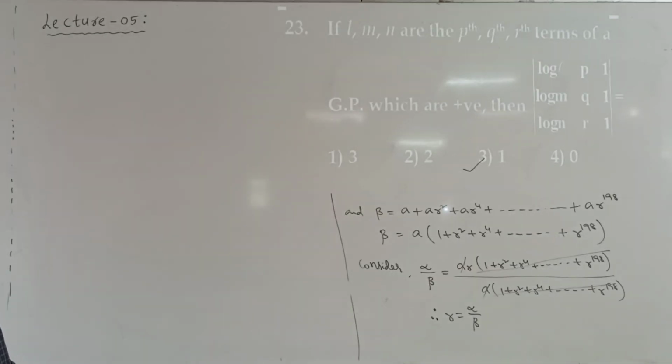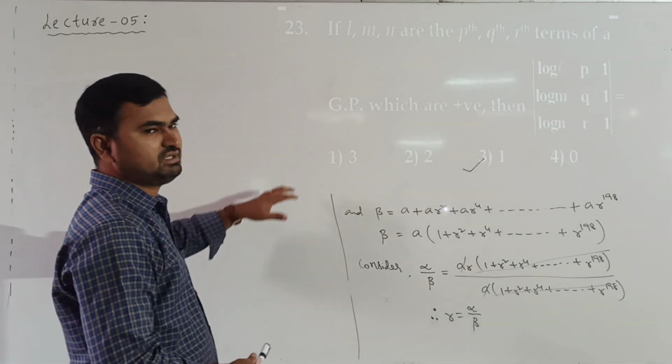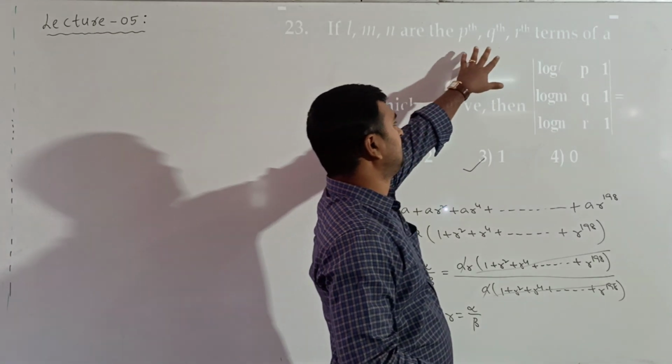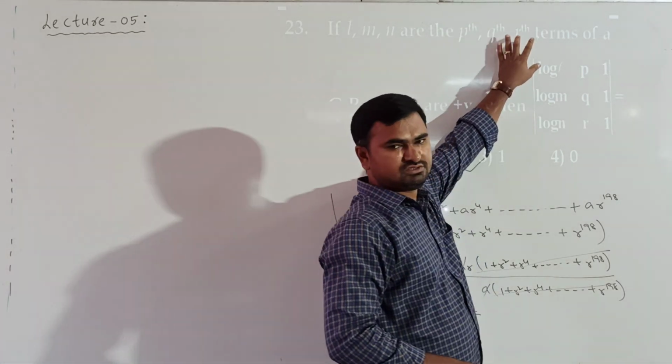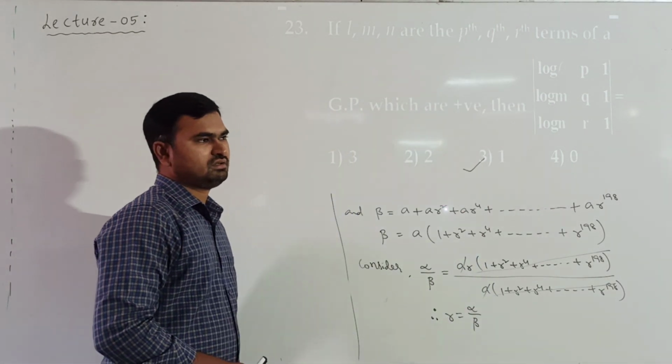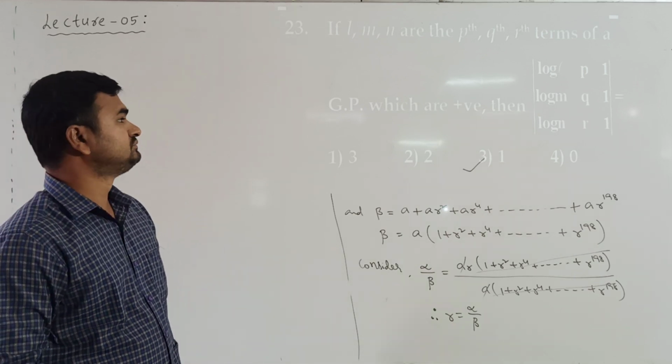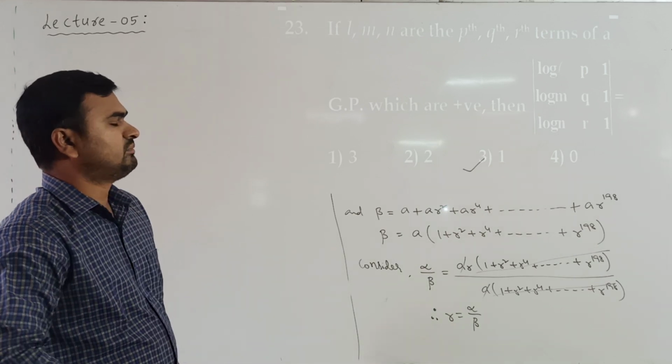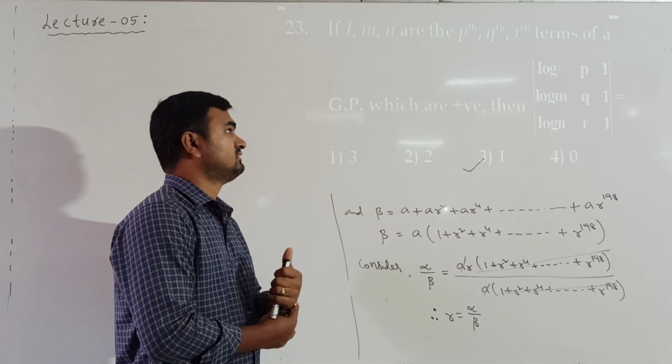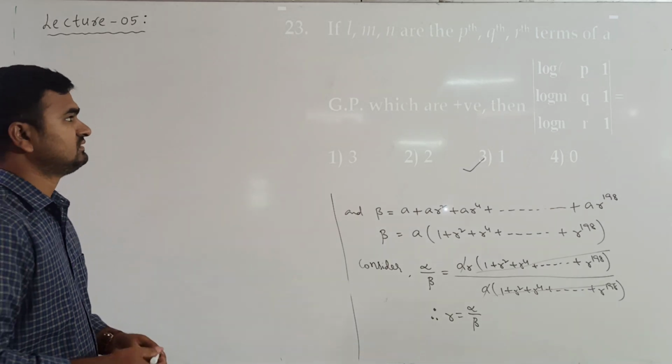So here the progression is not given. Let us consider the GP in a standard form. Now the notation small r is used, so we cannot take the common ratio as small r. So let us take the common ratio as capital R. Just the notation we have to change.